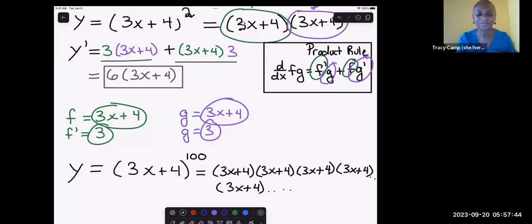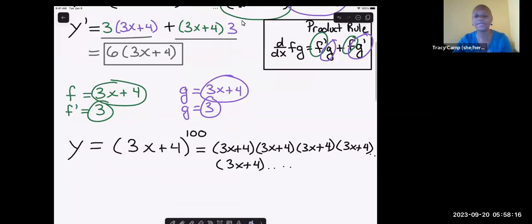And even if I had the will to write out 3x plus 4 100 times, I would still have to use the product rule on that over and over and over again, because there's a bunch of products in there, and that would be a mess. So instead of doing all that, what we do is we use the chain rule.